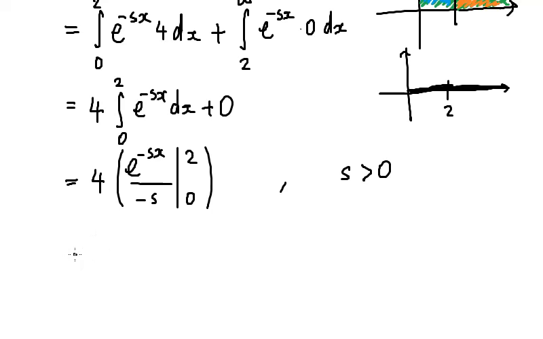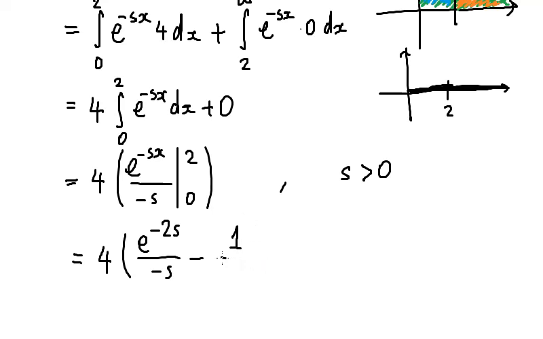Great, so this can be simplified, by appropriate substitution, to 4 times e to the power minus 2s, swapped around x and s because now x became a constant as 2 was substituted in there, divided by minus s, and then we have minus e to the power minus 0, which is 0 of course, and the whole thing is 1.